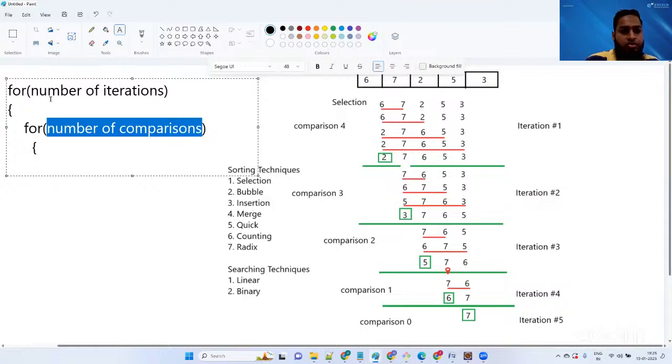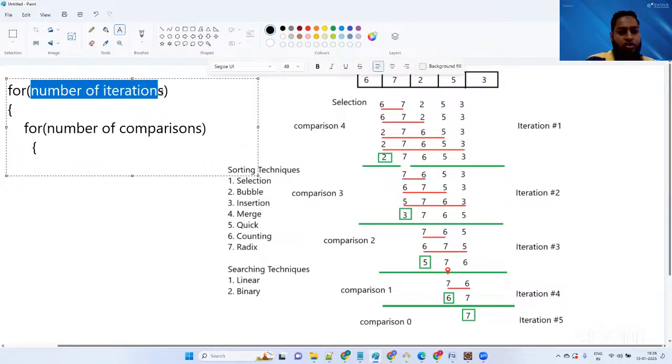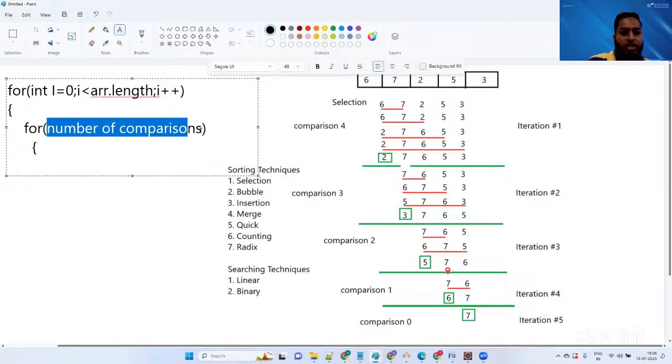5. So I will write the outer for loop as int i = 0; i < arr.length, which is 5; i++. And then the inner for loop, what will I write? Comparison. So comparison is reducing in each iteration, correct?